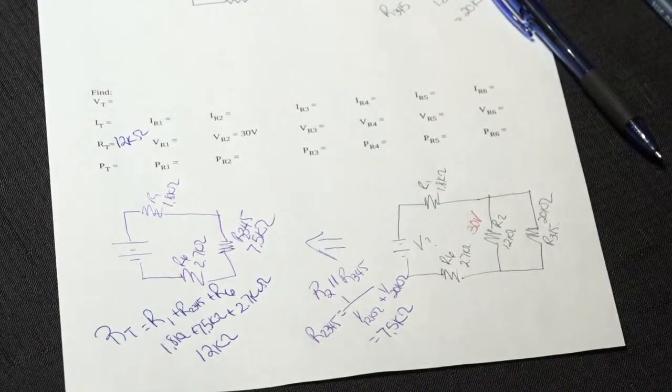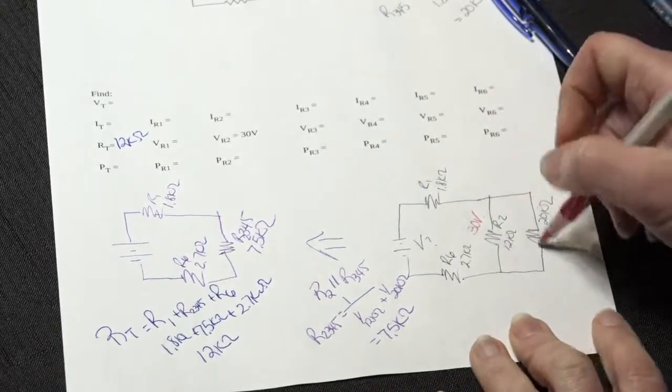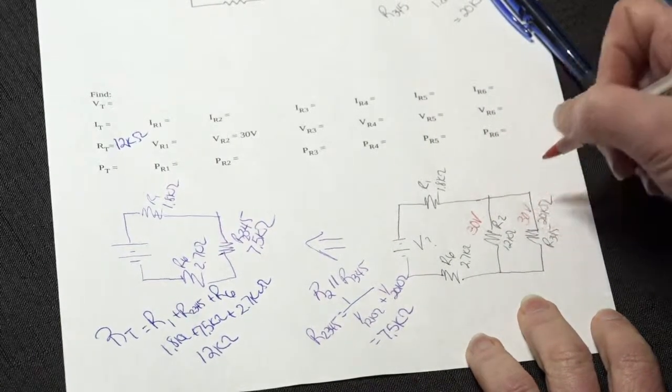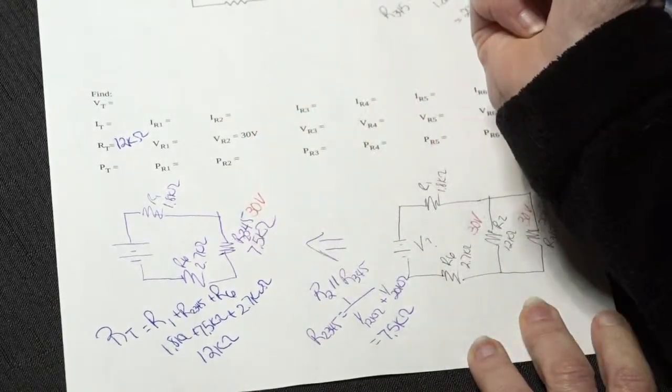Now, that being said, remember over here we said that this was 30 volts, and since these two are in parallel, we know that we're going to end up with 30 volts there, but we also know that we've got 30 volts here.